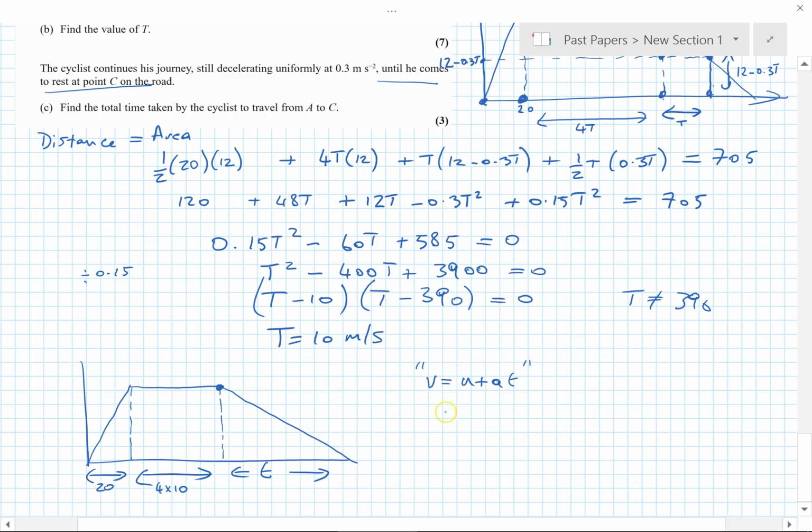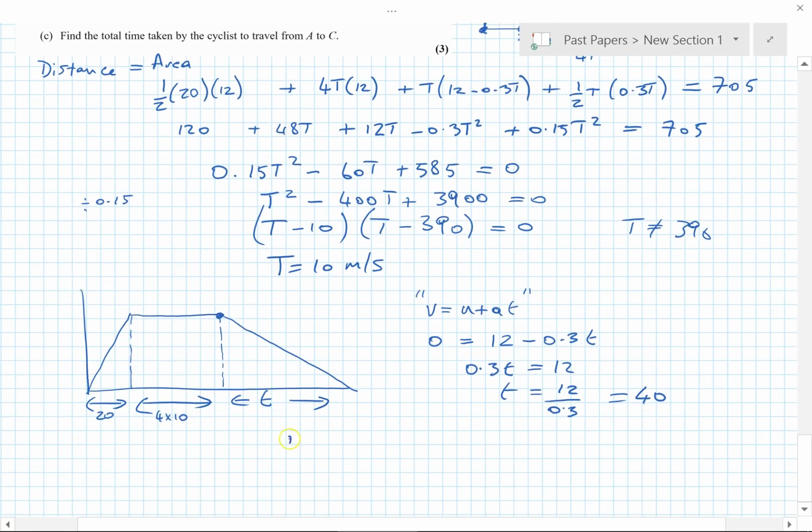Either way, we've got v is equal to u plus at. The final velocity is 0, the initial velocity is 12, the acceleration is minus 0.3 times by this extra time. That gives us 0.3t is equal to 12, t is equal to 12 divided by 0.3, which is equal to 40.